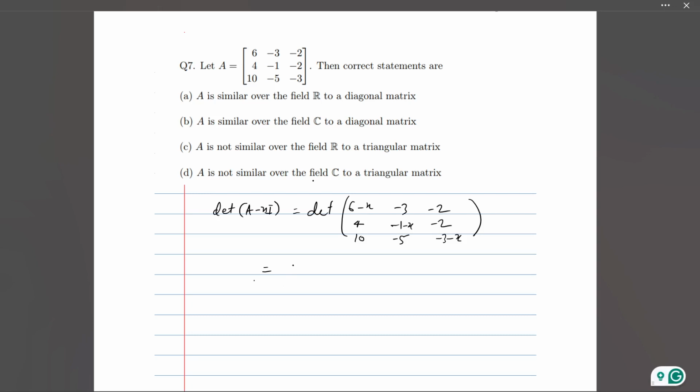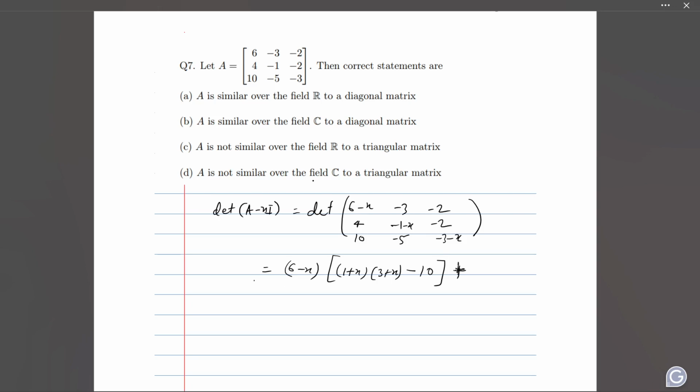Okay, so what is the determinant? Let's calculate it. 6 minus x. Here it will become 1 plus x, 3 plus x, taking minus common out and then cancelling common. Minus 5 into 2, minus 5 becomes plus 12 minus 7. This is minus 10. It's cancelled around the first row.